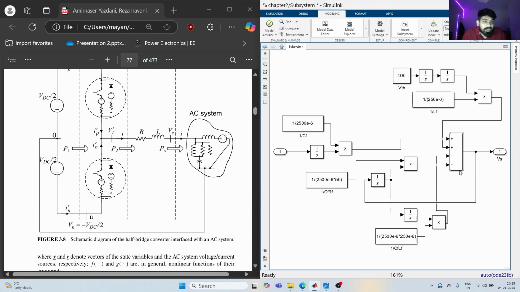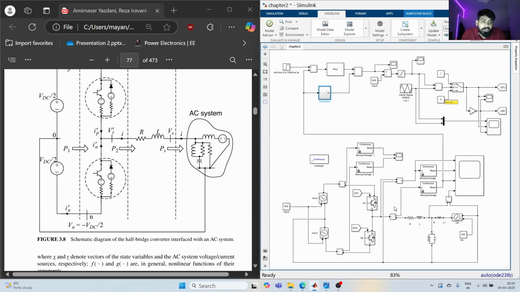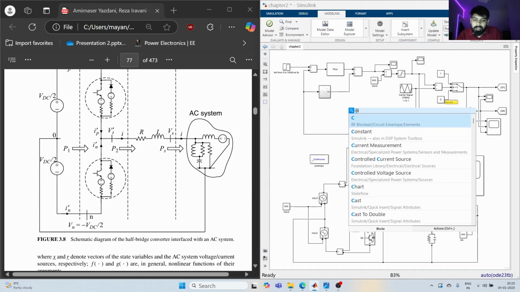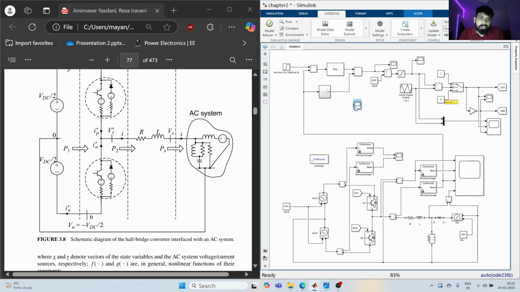So the initial condition should be the current should be 0, right? But again, we'll have that initial transient. This is what I mean. So this initial transient we can mitigate by giving the initial condition at the Vs as 400. So basically this output should initially give us 400. So we can also see what happens if the initial output starts from 400 here.